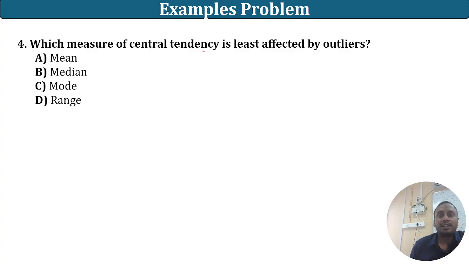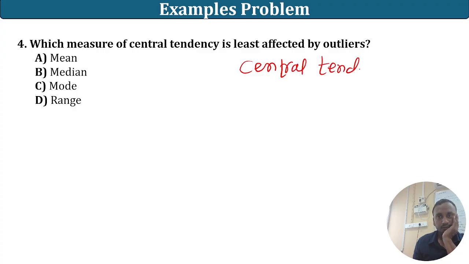Which measure of central tendency is least affected by the outliers? It's again a tricky question actually. We have the central tendency options.